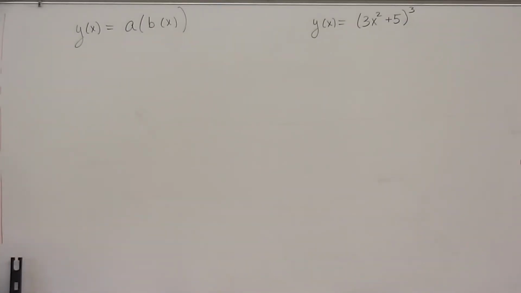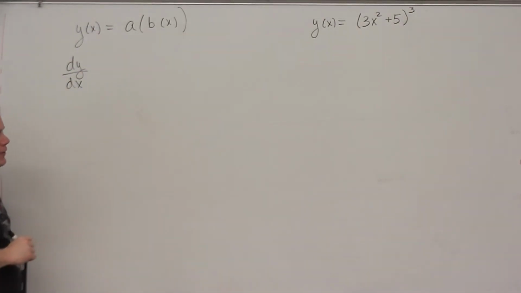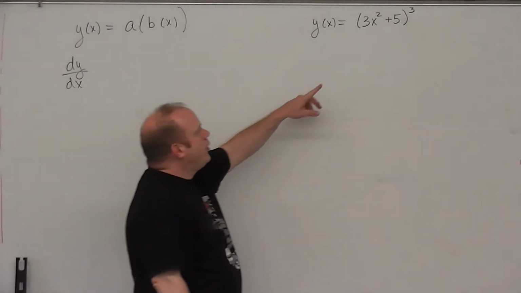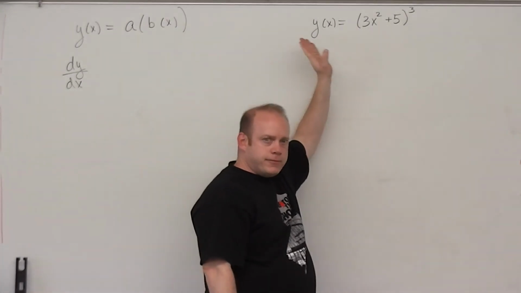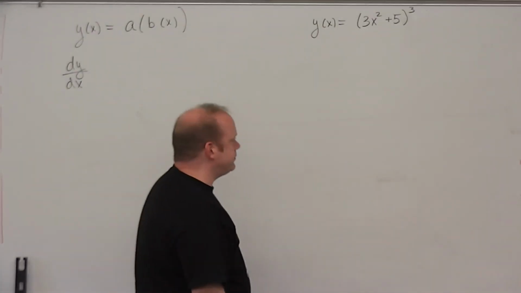So now I have to figure out what the derivative of this is. And by the way, as a good exercise, I would go ahead and cube this term out, figure out what the derivative of the polynomial is, and see if you wind up with the same answer.